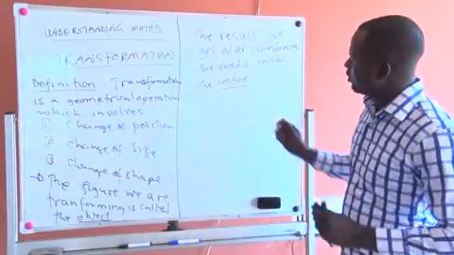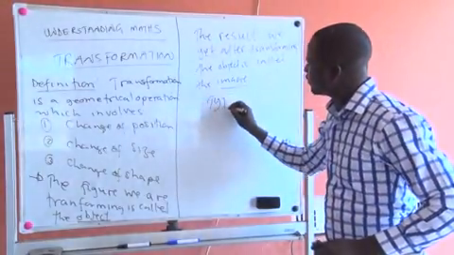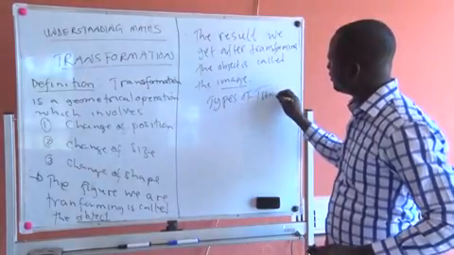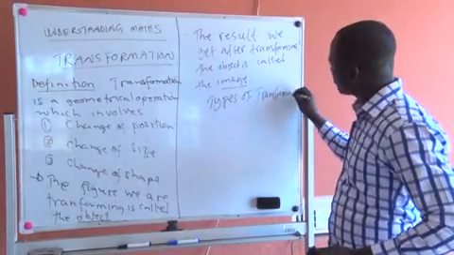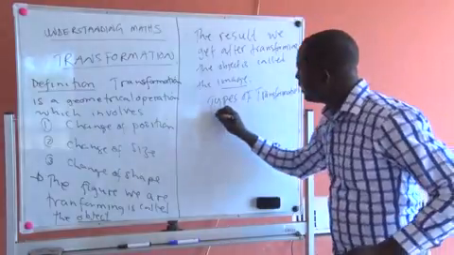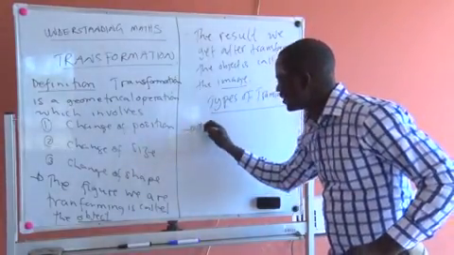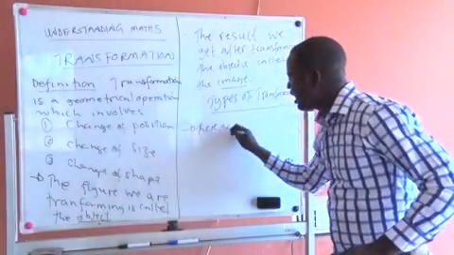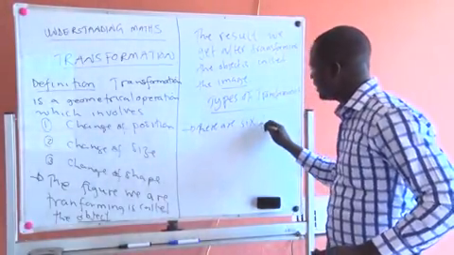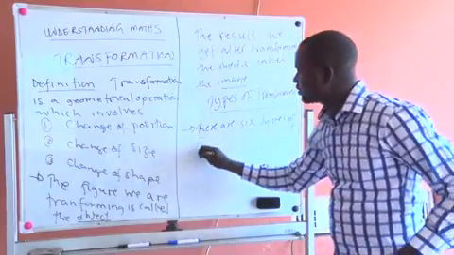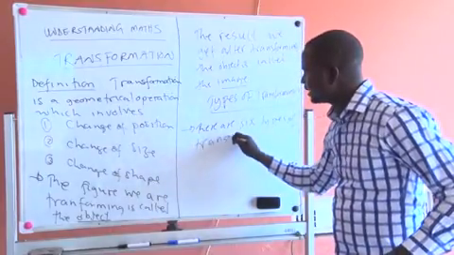Now, we need to understand the types of transformation that we have. Mathematically, there are 6 types of transformation. That is mathematically.